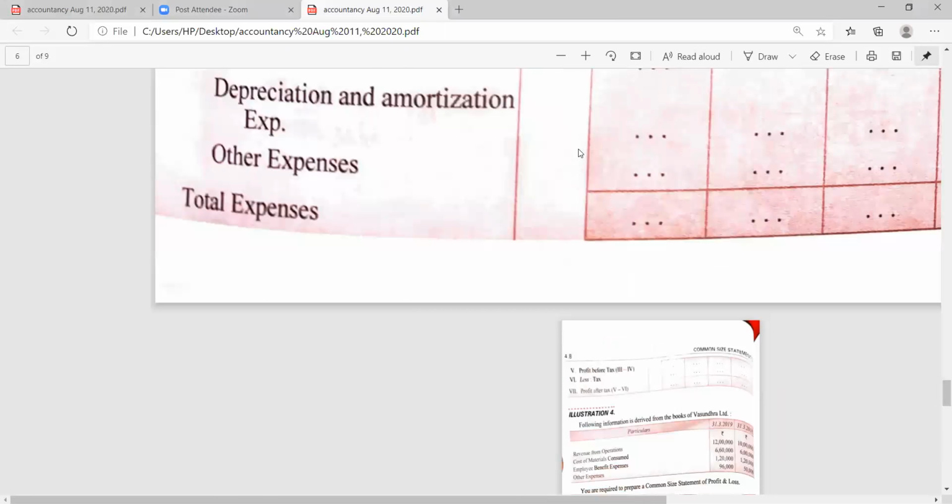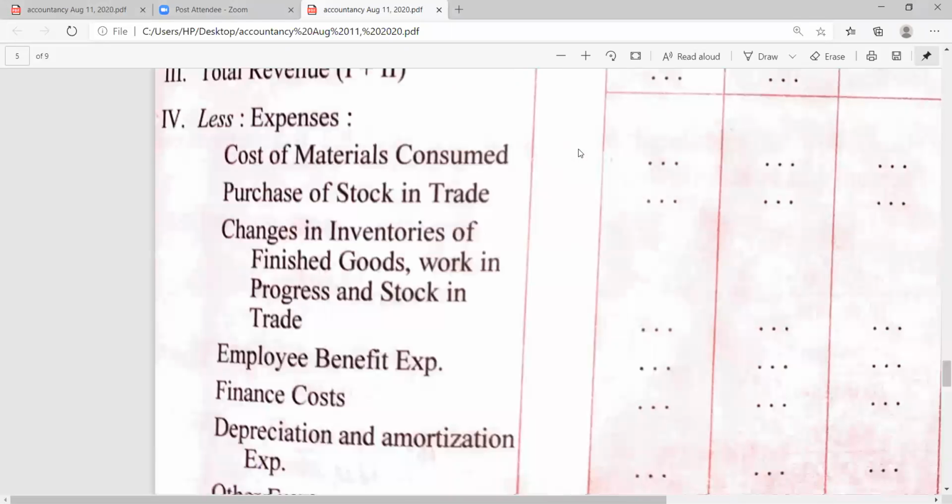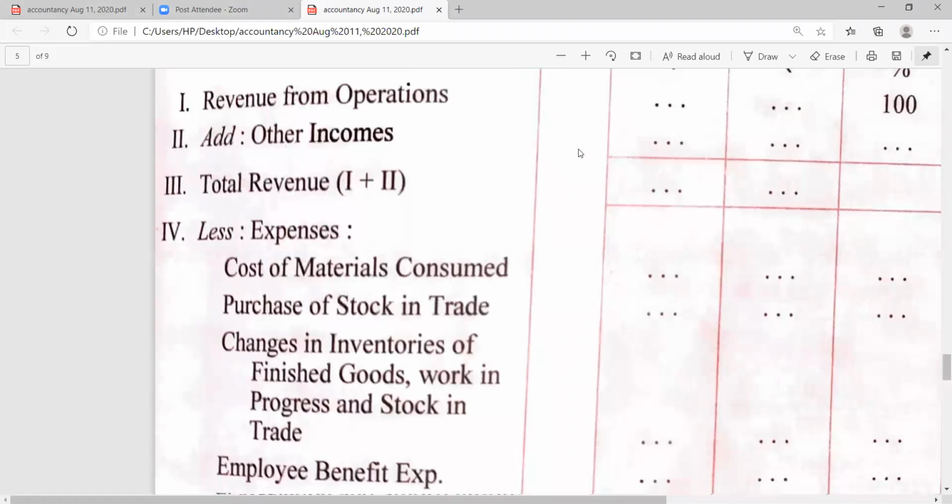Kanika Vadwa. Good afternoon. Concept is clear, beta? Yes, ma'am. Okay. Just give me a second, I'm scrolling the screen. Here the format of the common size statement of profit and loss is given to us.